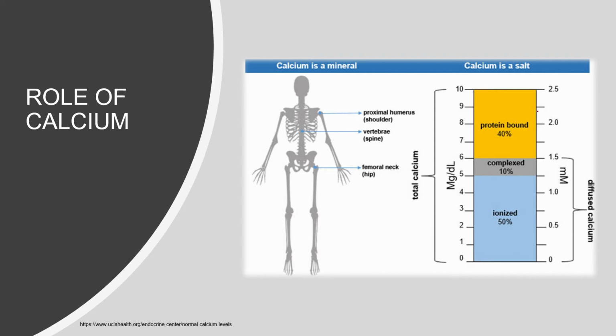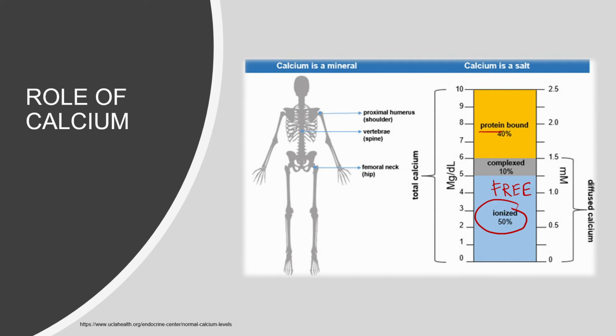Of this, 50% is ionized. It means that it is free. We've got free calcium, 50% of it. 40 to 45% of it is bound to proteins, and the rest is forming complex calcium, like calcium bicarbonate, calcium phosphate, calcium citrate, etc.